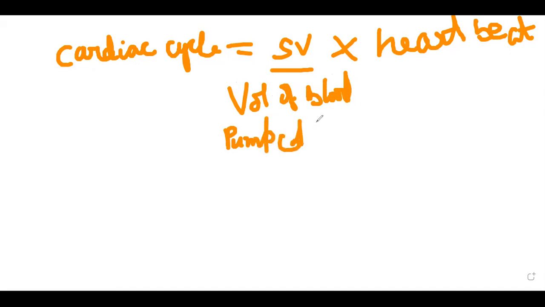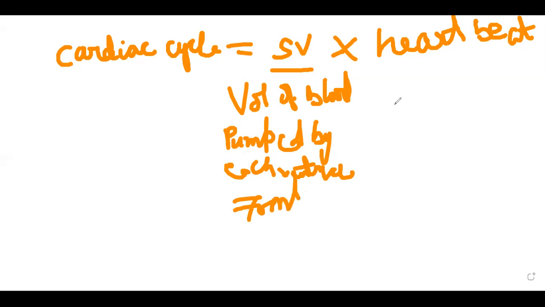Volume of blood pumped by each ventricle is about 70 ml.